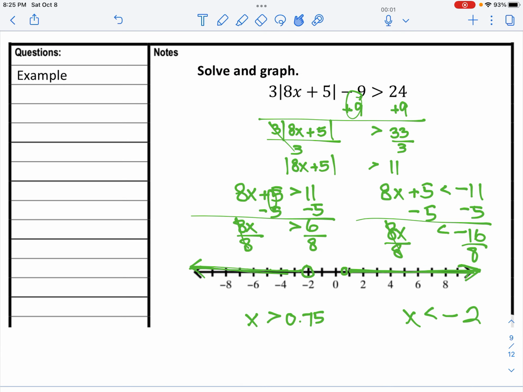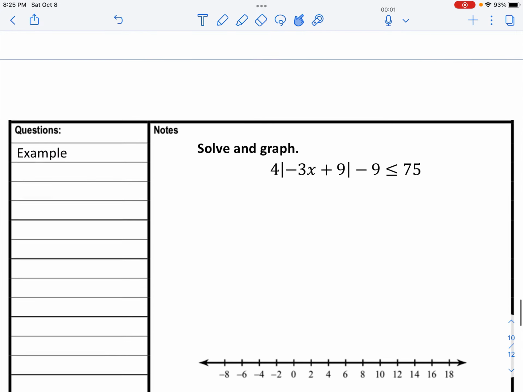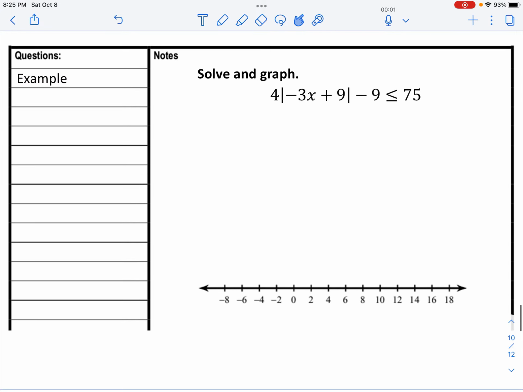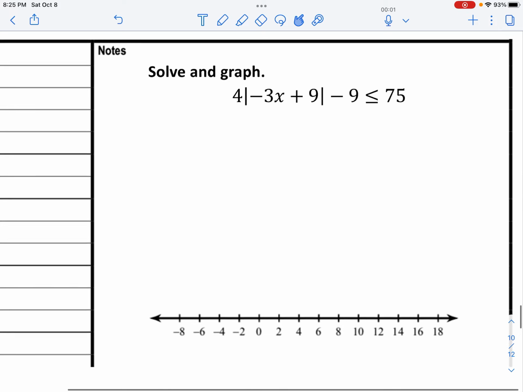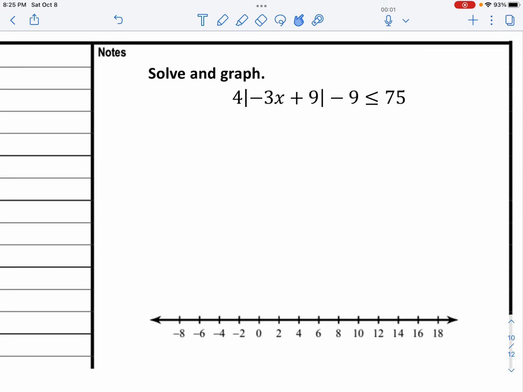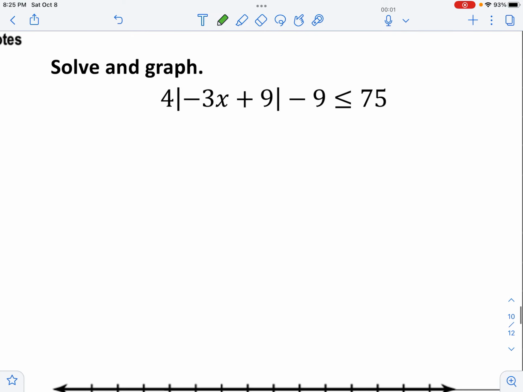Okay, again, just kind of putting those compound inequalities along with the absolute value equations that we did earlier. Okay, one more, and then we're done. And this one's a little bit trickier, but just gotta stay with everything and you'll be all right. All right, so we're gonna add 9.